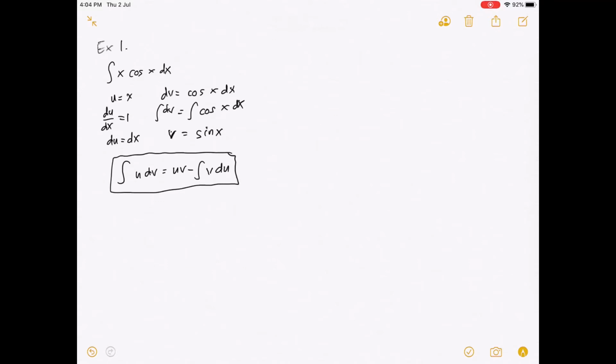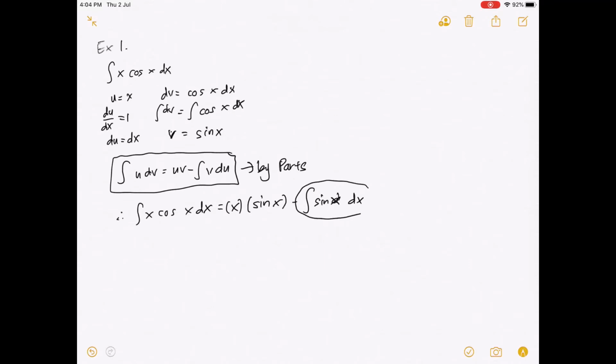This is our formula for the integration by parts technique. So x cos x dx equals uv, where u is x and v is sine x, minus the integration of v, again sine x, du, which is dx. Remember, this part we have to integrate again.